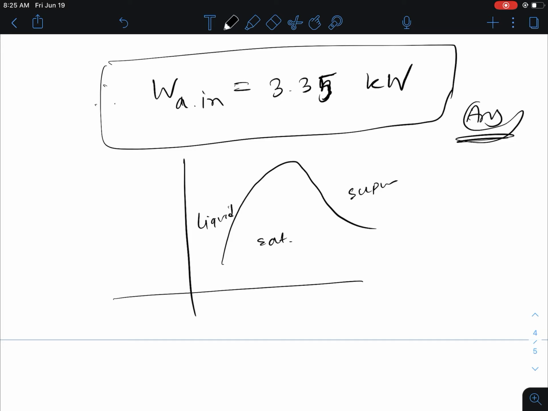For this case, we saw that initially the pressure was low, 100 kilopascal, and then finally the pressure was 1 megapascal. So this is 100 kilopascal and this is 1 megapascal.